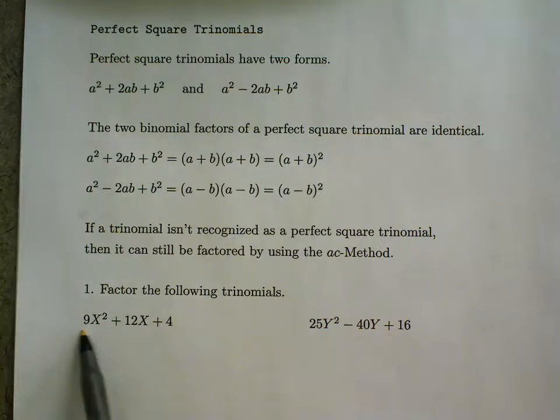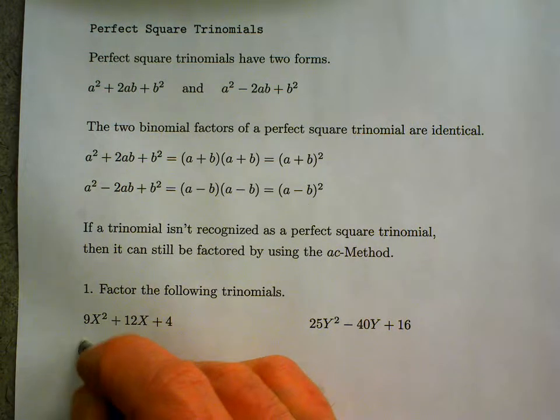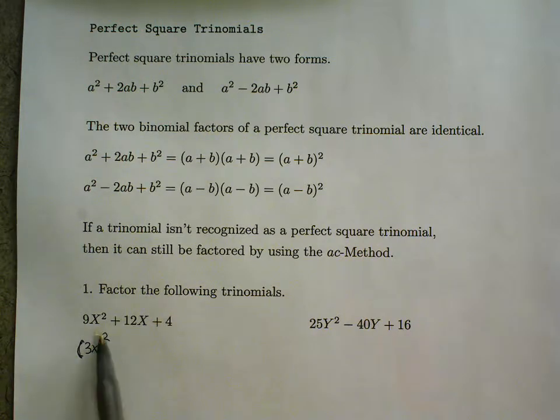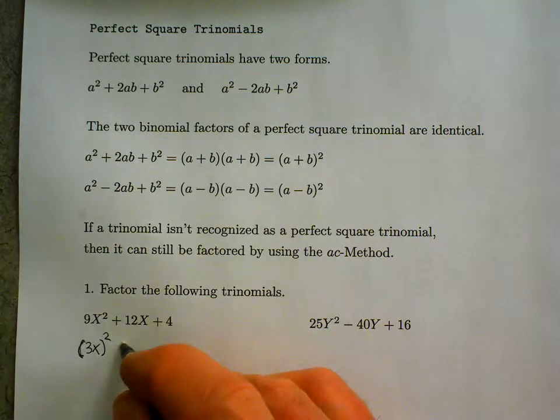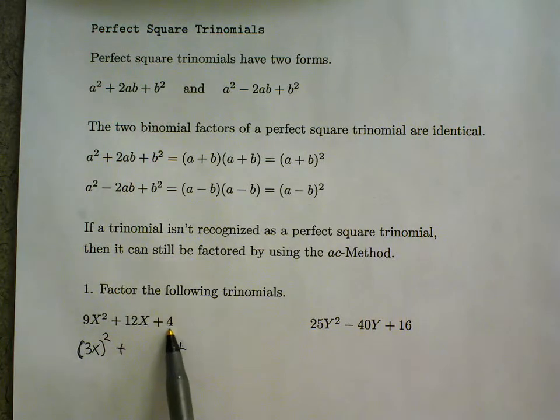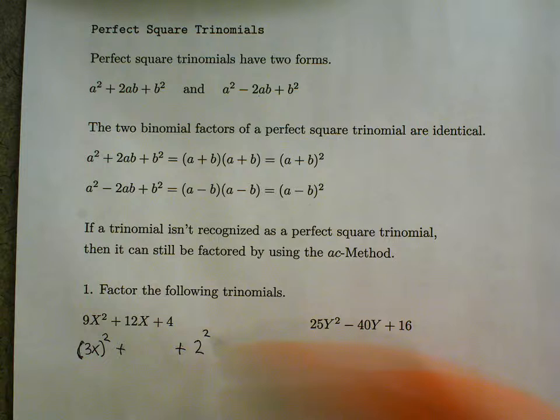The term on the left, 9x to the second, is considered a perfect square because if you square the term 3x, you get 9x to the second. The term on the right, 4, is a perfect square because if you square the number 2, you get 4.